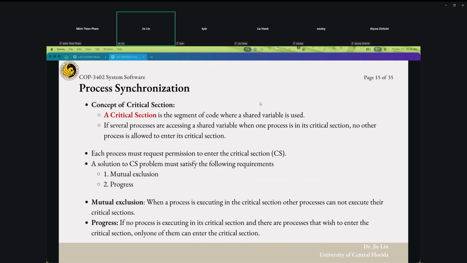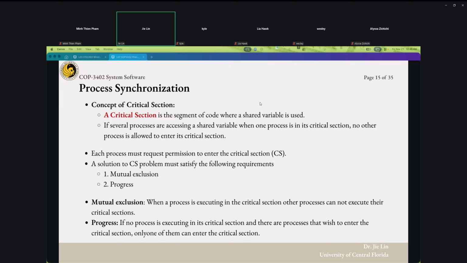Progress guarantees that when no process is currently in the critical section and others want to access it, the system efficiently decides which process can enter next, preventing unnecessary waiting or deadlocks. One is we don't have a race condition happen. The next is we don't have deadlock happen.